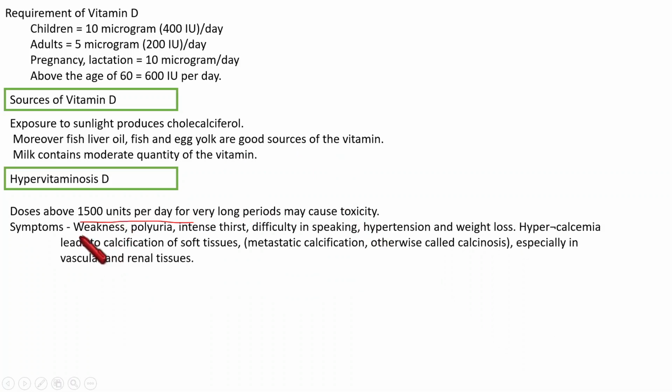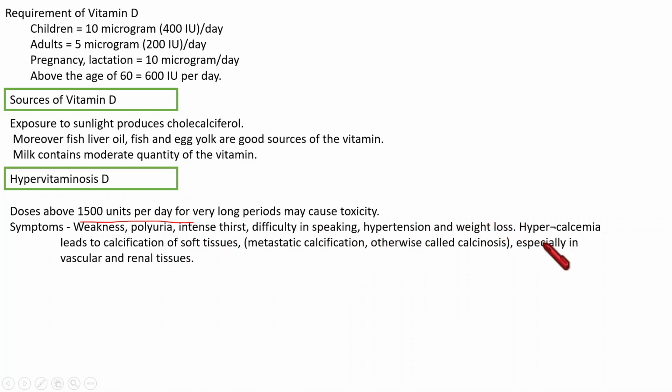In such persons, they develop symptoms like weakness and polyuria. Polyuria is a condition in which a person develops an intense feeling of frequent urination. Means the person often feels the need to go and pee. So that is polyuria. Then frequent urination, intense thirst, difficulty in speaking, hypertension, weight loss, all these are symptoms.